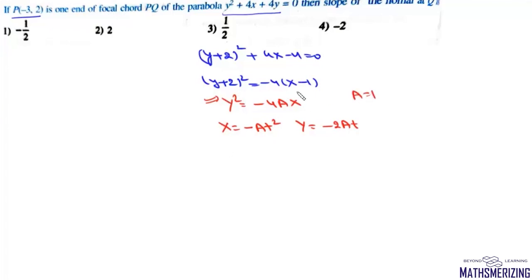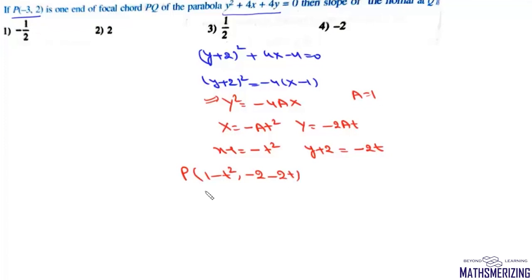Y is y plus 2 and X is x minus 1. So we'll write x minus 1 as minus t square and y plus 2 equals minus 2t. So its parametric coordinate, say P, will be (1 minus t square, minus 2 minus 2t).